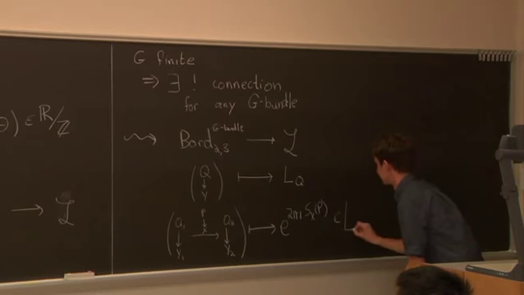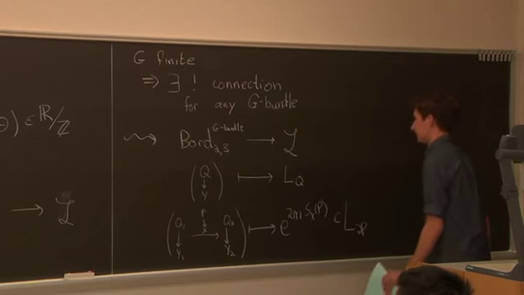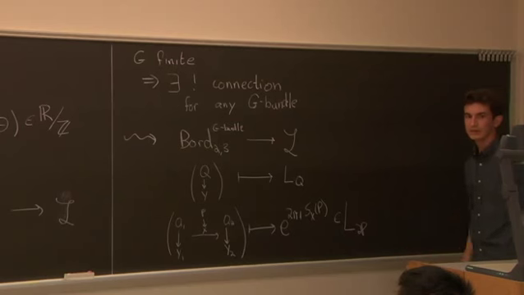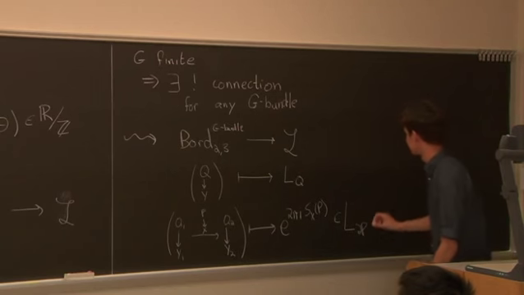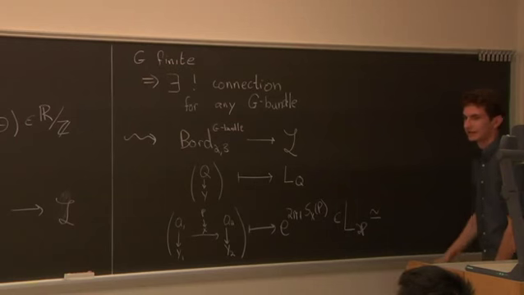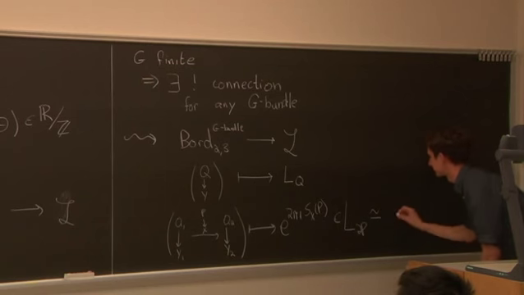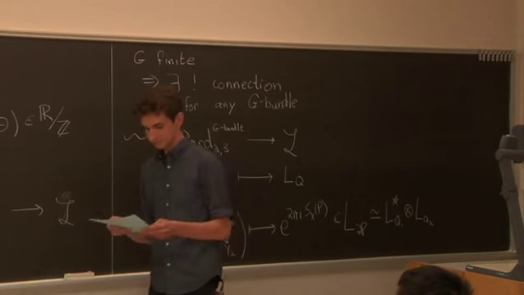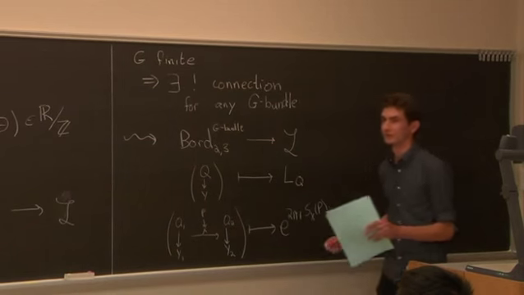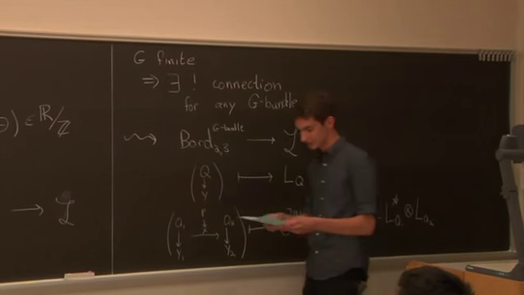And this is valued in L of the line associated with the boundary. Okay, why is this a TQFT? Use your functoriality, orientation and inner products here to identify this with a homomorphism between those two lines. Okay, and this has the usual functoriality, orientation, gluing properties.